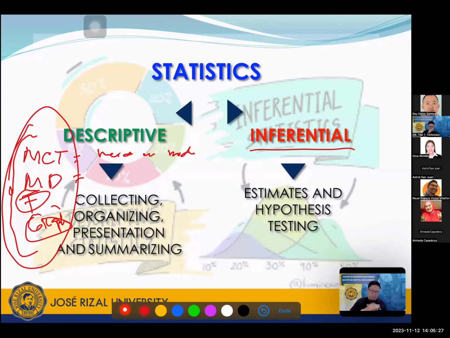But if I ask you how it is related when you compare it to the hemoglobin levels of other classes, then that's the time that you will report all this information in terms of inferential statistics, using estimates and hypothesis testing as your descriptors. This is how you will describe your data. You use the process of estimates and hypothesis testing.